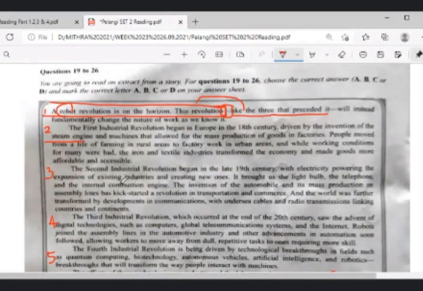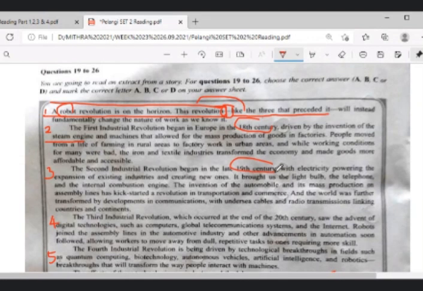The second industrial revolution began in the late 19th century. Look, one century has already passed: the first industrial revolution was in the 18th century, the next in the 19th century, with electricity powering the expansion of existing industries. See how it develops: here steam engine, here electricity starts to come.